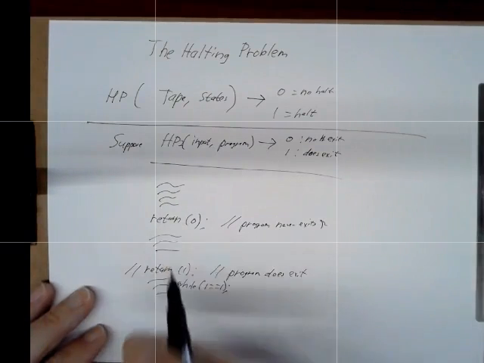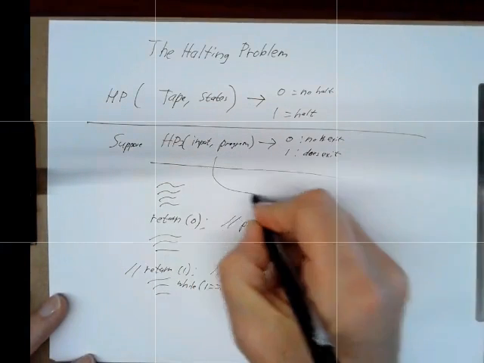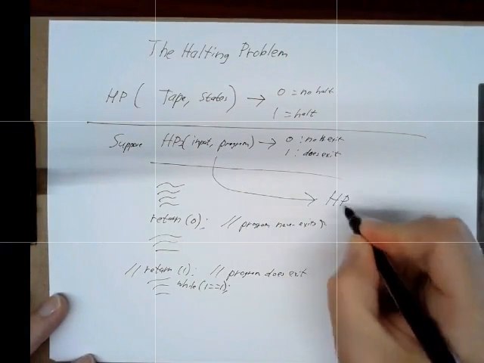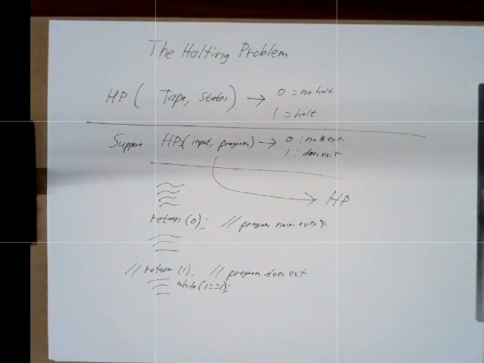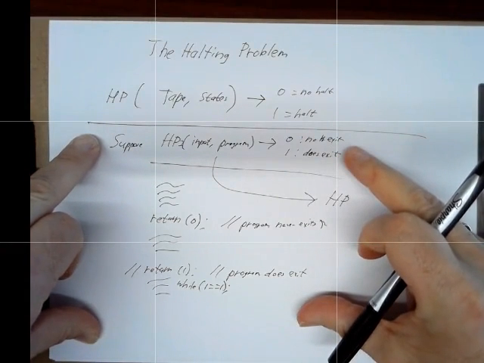And here where it says return 0, I'm just going to leave that as is. And now I'm going to take this program and I'm going to feed it to your halting program. And you're going to ask your program to analyze this running on itself.